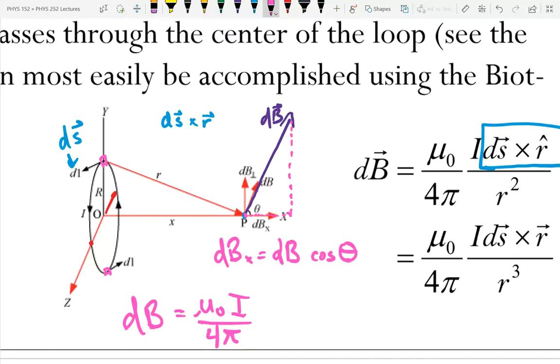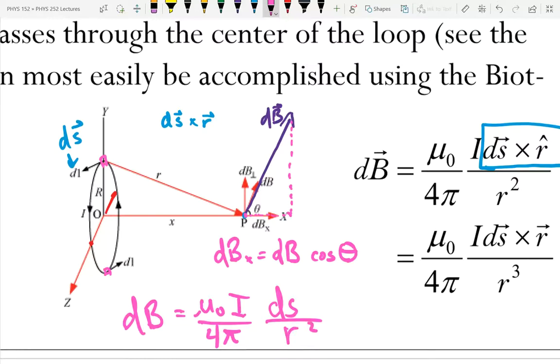And so that means ds cross r hat has a magnitude that's just ds. We've already taken care of the direction, so I'm just looking at the magnitude now. So the ds cross r hat, so I'm using the upper one, is just ds. And then I have over r squared.